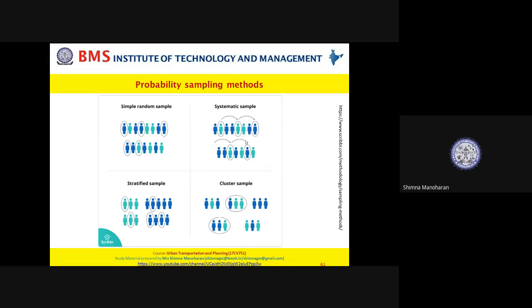What might be the advantage or disadvantage here, or what might be the observations for this? Advantage, we know whom we are selecting, at a particular order, at a particular interval. Disadvantage, maybe we can't group the people.